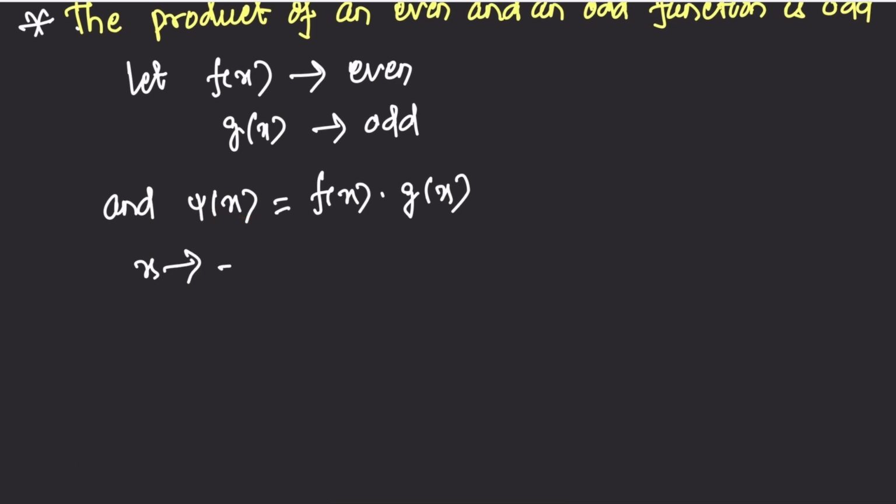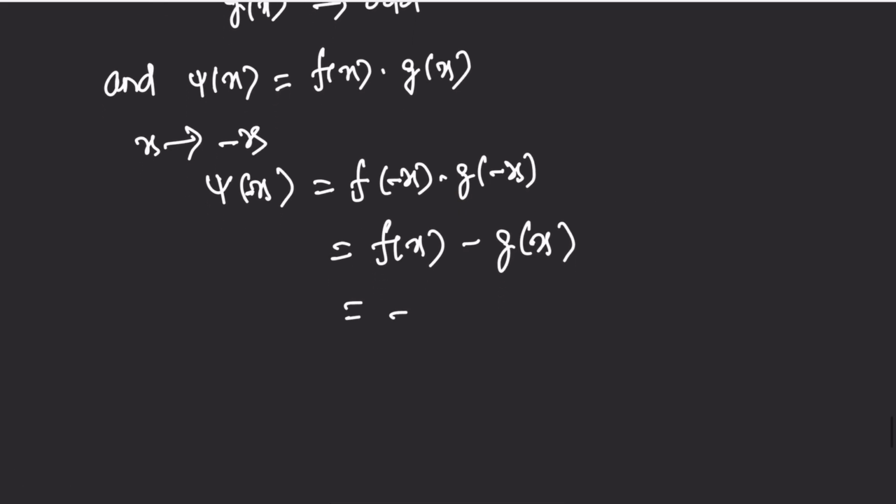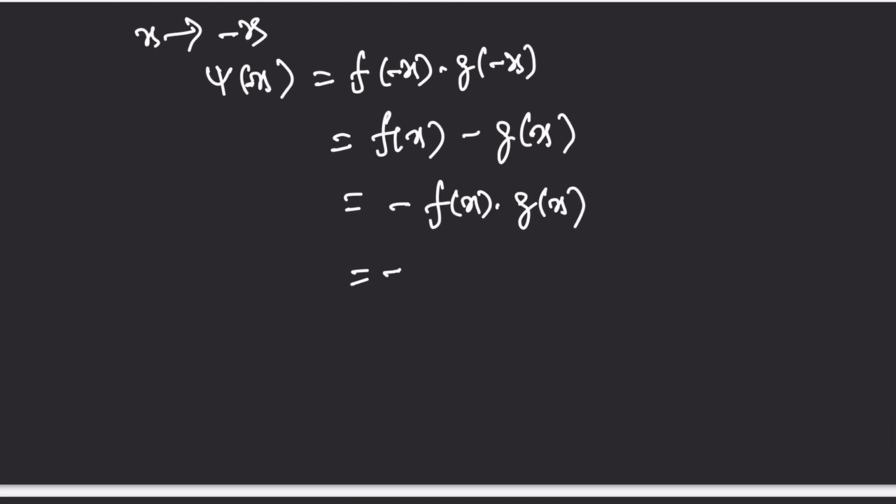Now replace x by minus x, we get, as f of x is even, f of x, and g of x is odd, minus of g of x, which is minus of psi of x. Hence psi of x is odd. So the product of an even function and an odd function is odd.